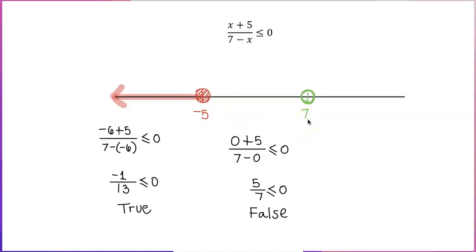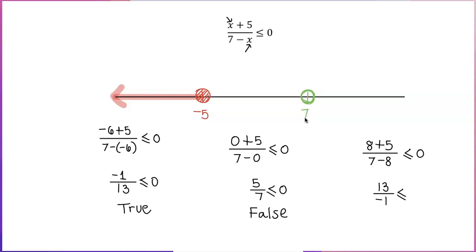Let's do the last interval. I just need a number that's bigger than 7. Let me go with 8, okay? I will plug 8 into this inequality. I'm going to get (8 + 5)/(7 - 8), and we want to see if that is less than or equal to 0. 8 + 5 gives us 13, but 7 - 8 gives us -1.